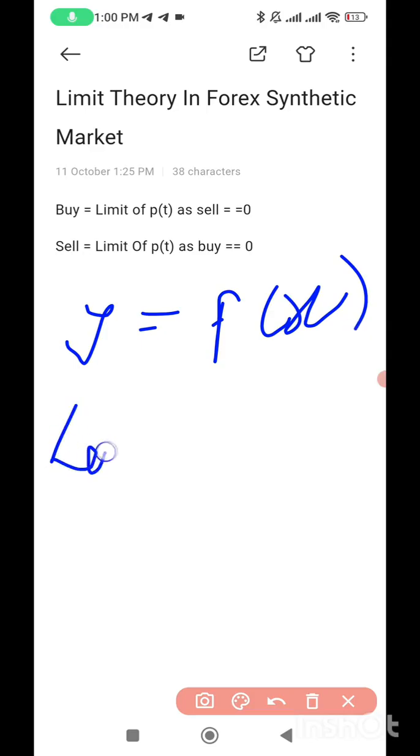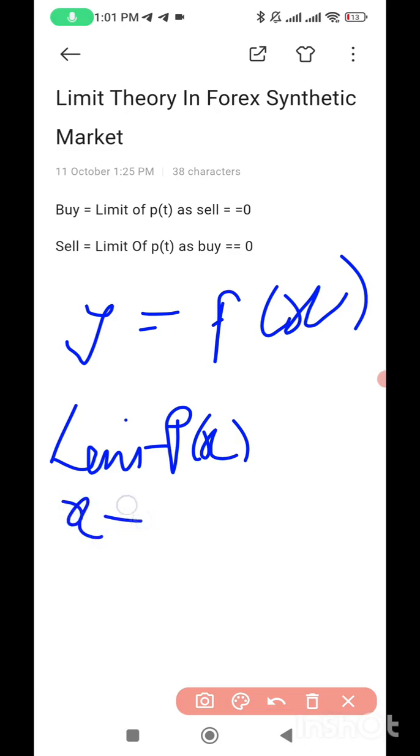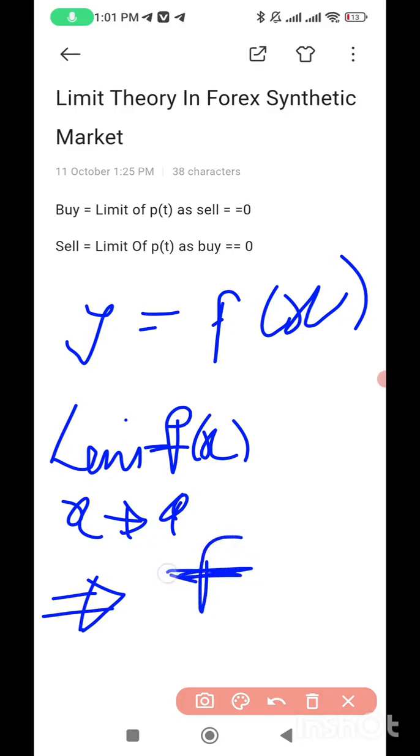So the limit of f of s as s approaches a is equal to the value of f at a certain neighborhood of a.